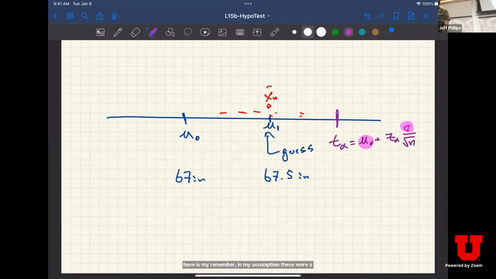Z alpha is something I looked up in a table, and n is something I can design in my experiment. So if I chose n so that T alpha is there, is this going to be a good experiment?